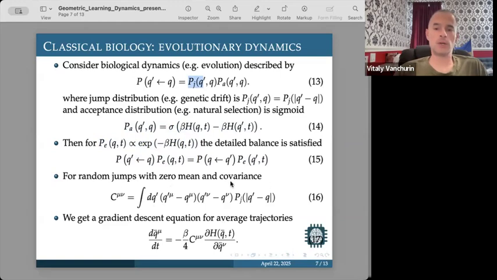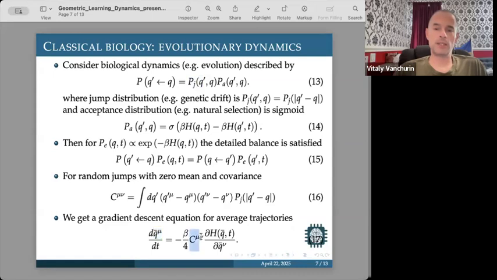Now, once you follow some steps of mathematics, you can show that if you do that, then the dynamics of the average trajectory will satisfy equation number 17. It will all be stochastic, jumping around, but the average trajectory will follow this.